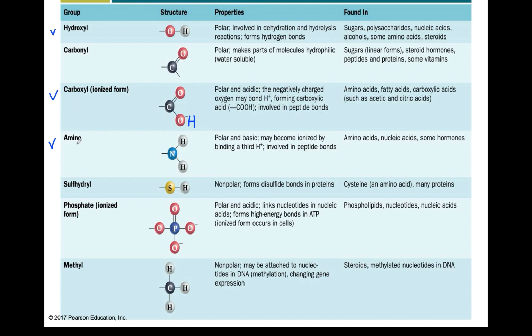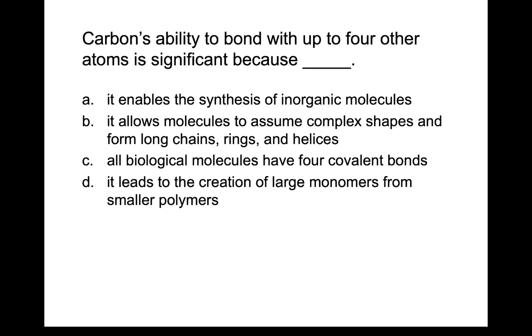Another functional group, the amino group: you can see nitrogen. Nitrogen has a chemical bond with two hydrogens. We call that the amino group. So let's think about this question.